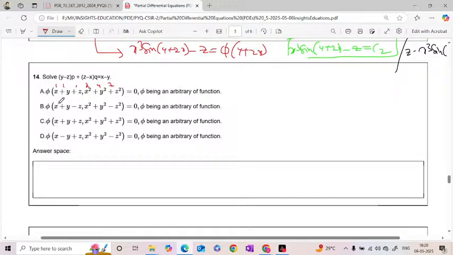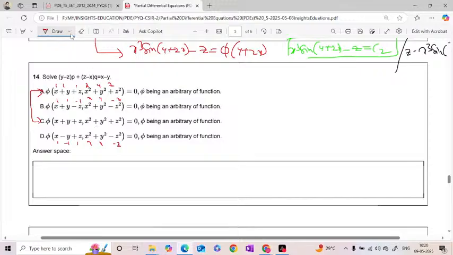For the second problem, element values are 1 1 minus 1 and x y minus z. Next one, option C, A and C are the same. Option D, element values are 1 minus 1 1 and here x y minus z.